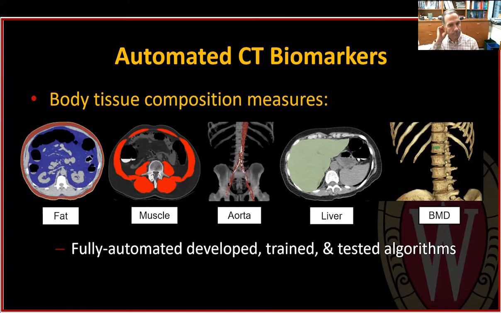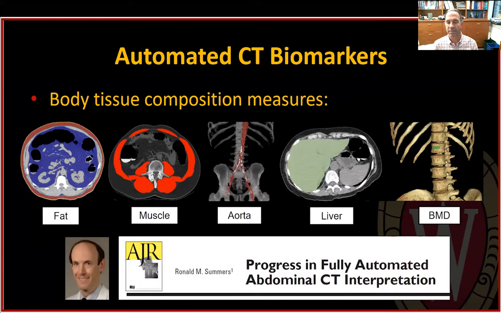These are all fully automated tools that have been developed, trained, and tested by Ron, of course, who made this study possible. We've been working together for decades now, all the way back to our early CTC days with computer-aided detection and diagnosis. Ron was doing AI way before it was the hip thing, I guess.